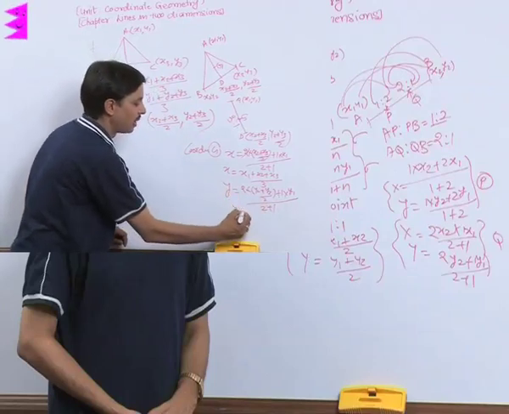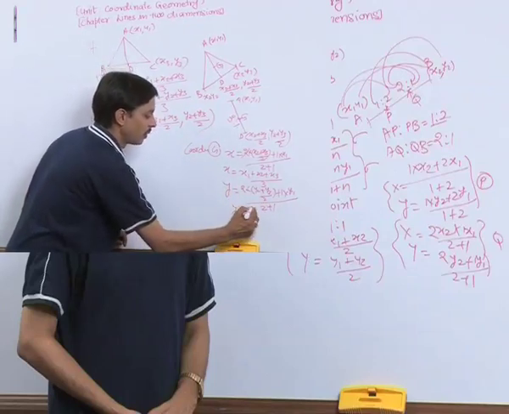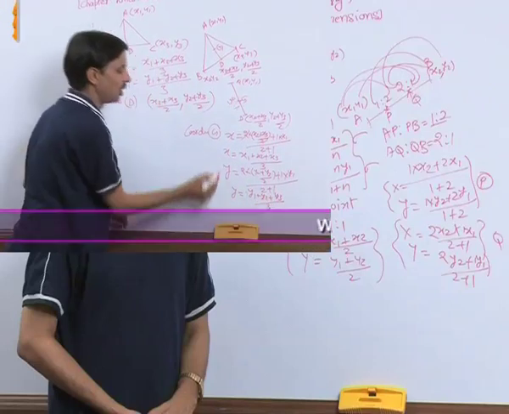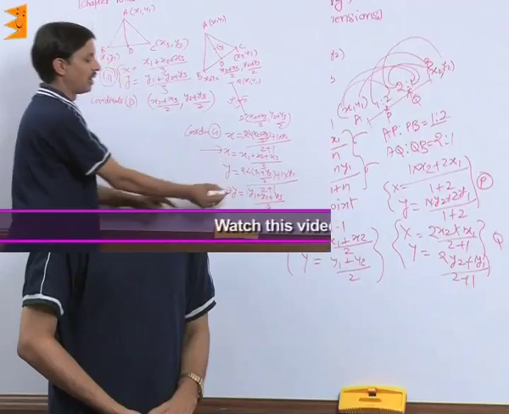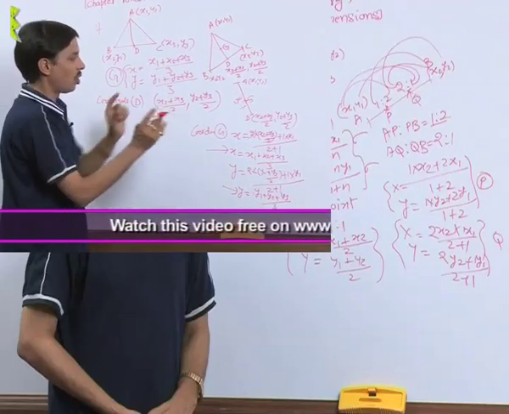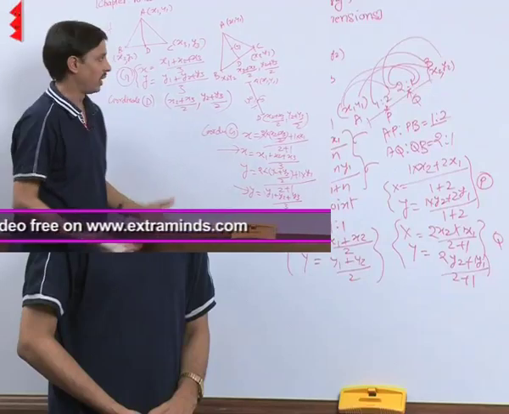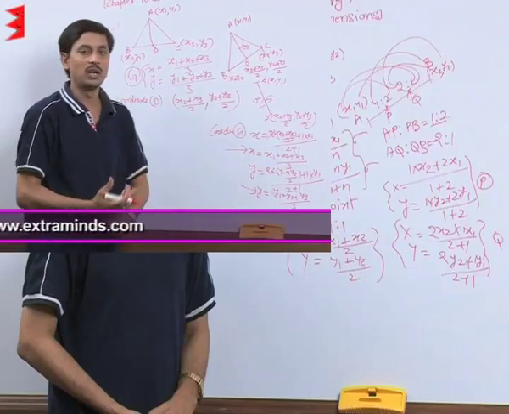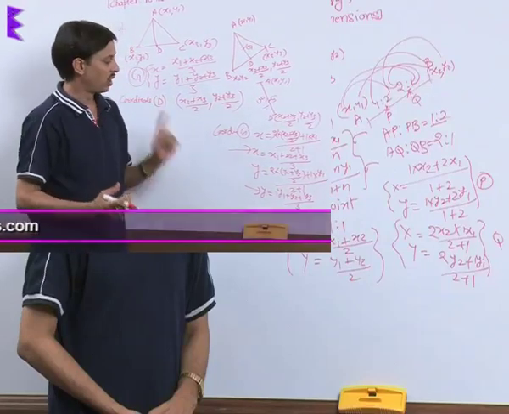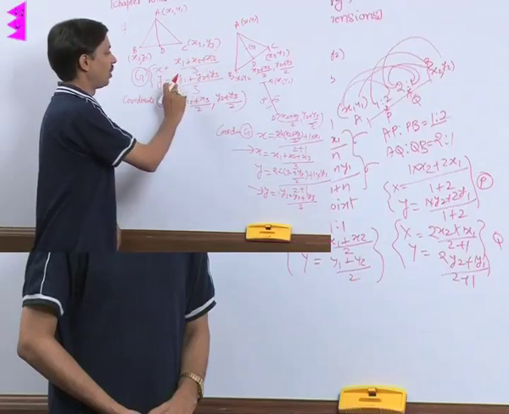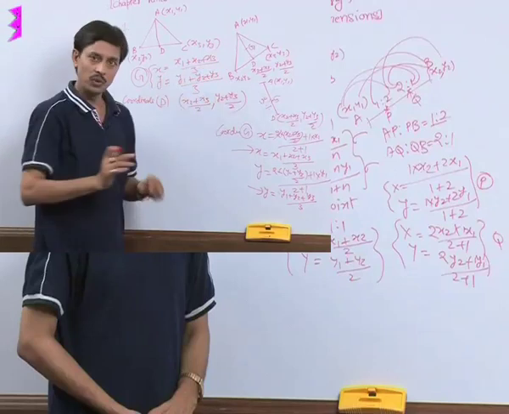Hence the answer for y comes out as (y1 plus y2 plus y3) upon 3. These x and y are the coordinates of G, which is the centroid. So if the centroid of any triangle is required, what is the formula? (x1 plus x2 plus x3) upon 3 and (y1 plus y2 plus y3) upon 3.